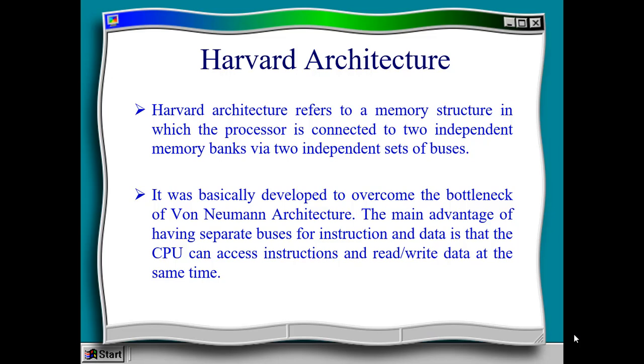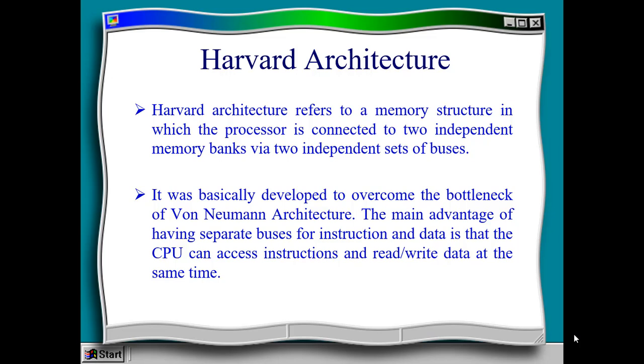So we can start with the first one, which we're going to discuss, which is the Harvard architecture.